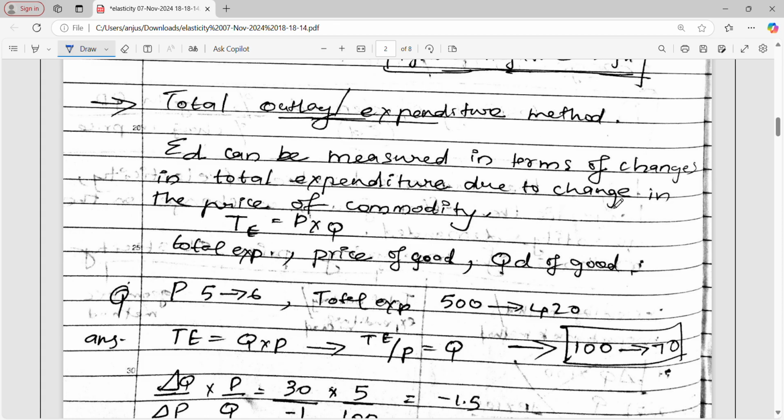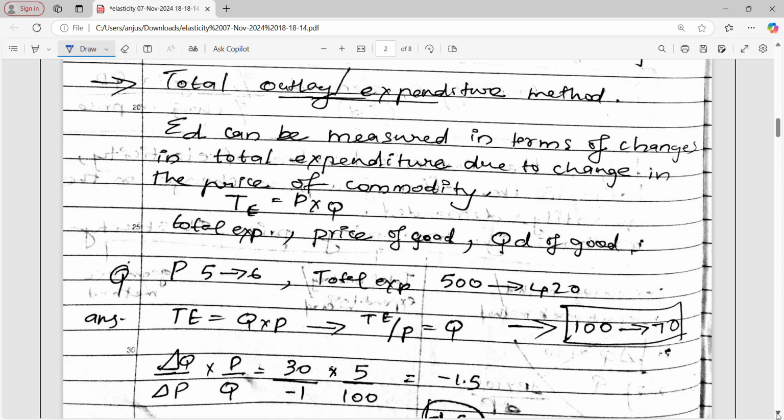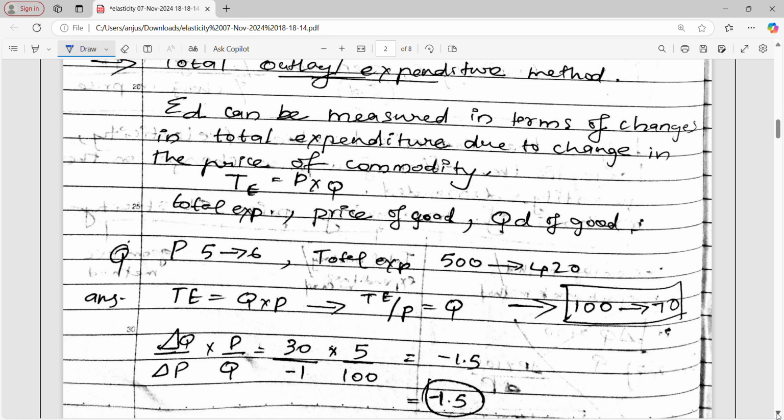Next is the total outlay or expenditure method. So here the elasticity of demand can be measured in terms of changes in total expenditure due to change in the price of the commodity. Okay, so we know total expenditure is the price multiplied by quantity.